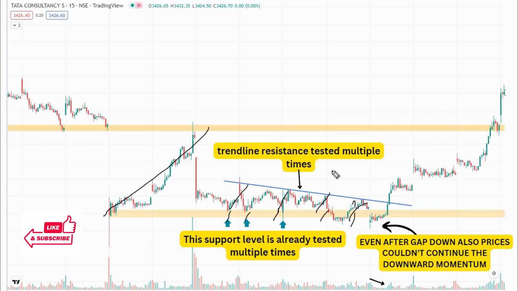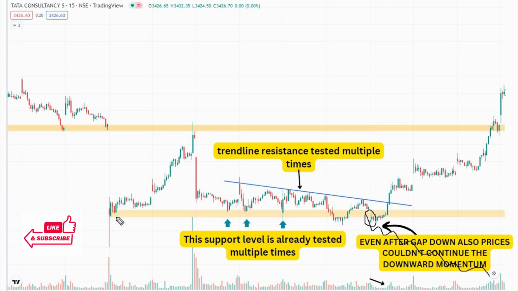Okay, otherwise if buyers were very much strong, then after this buying move, they should have continued the upward momentum. Okay, but they couldn't. Now the interesting part, after this gap down, why are prices not going towards the downside?